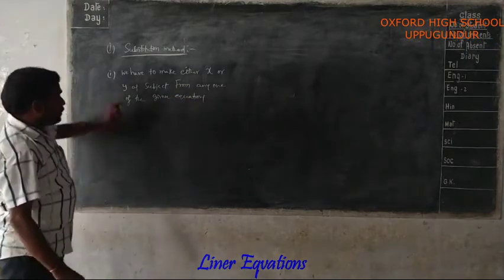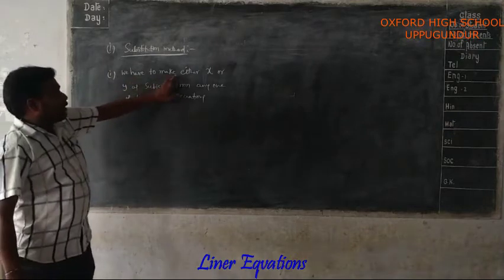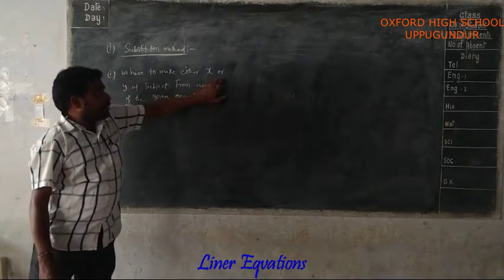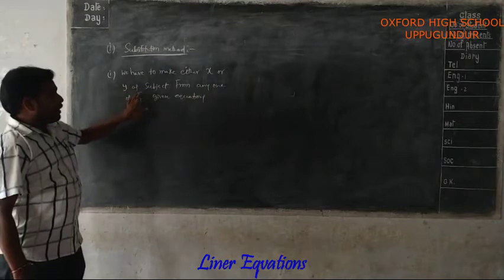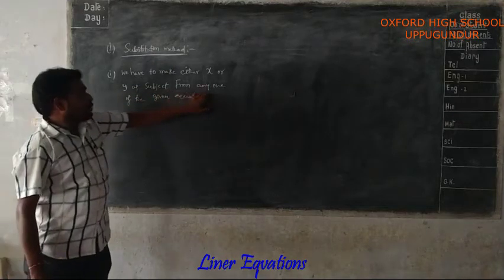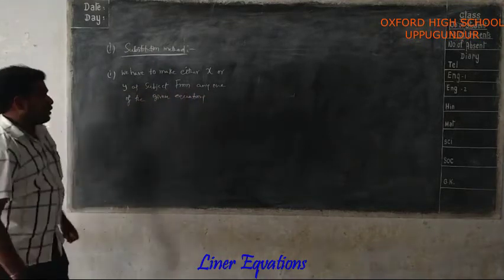So what is the first step? We have to make either variable x or variable y as subject from any one of the given equations.